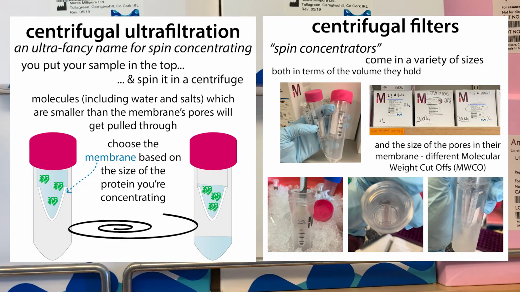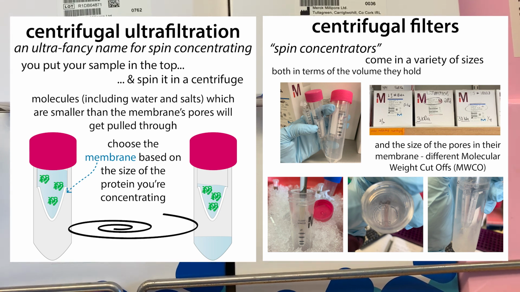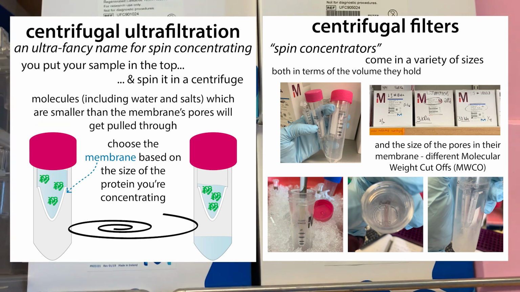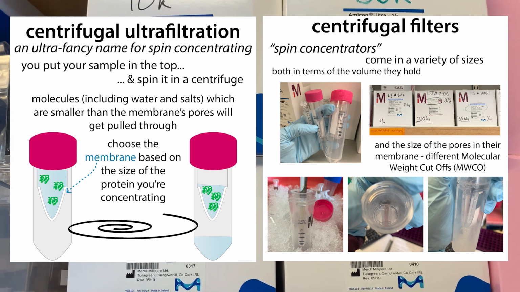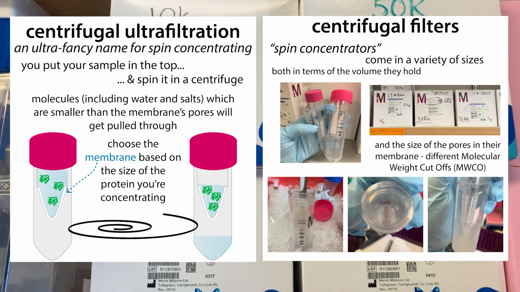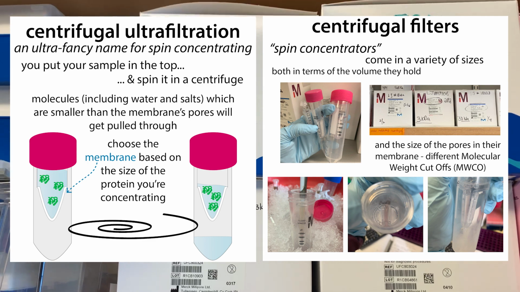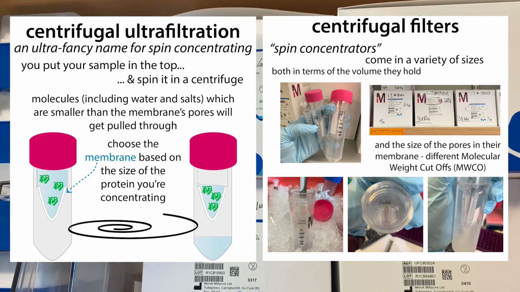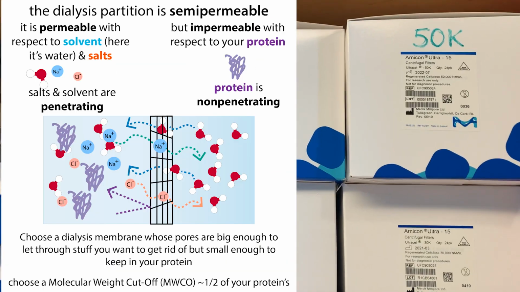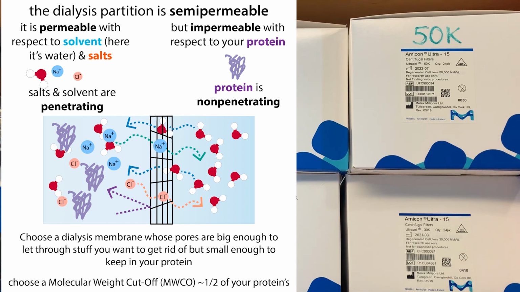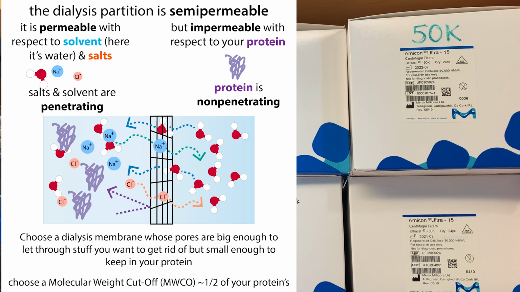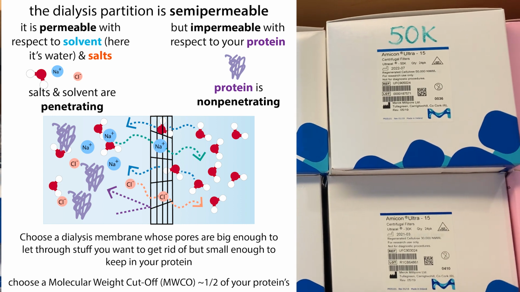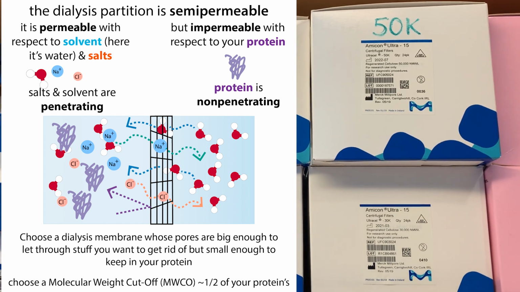So that's telling you the size of the pores in those membranes. You want to use a membrane that's going to keep your protein in, not let your protein through, so it stays in the little bucket part and everything else goes through. Because it's an average size, you want to use a membrane that has a cutoff that's at least half, preferentially a third, of what your protein actually is.